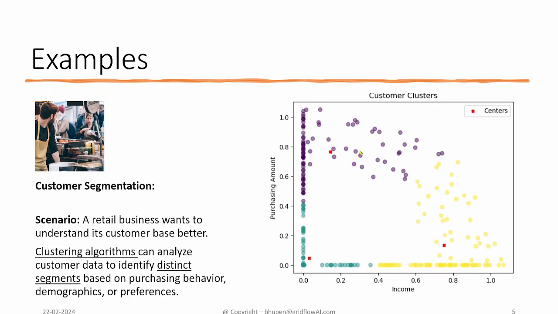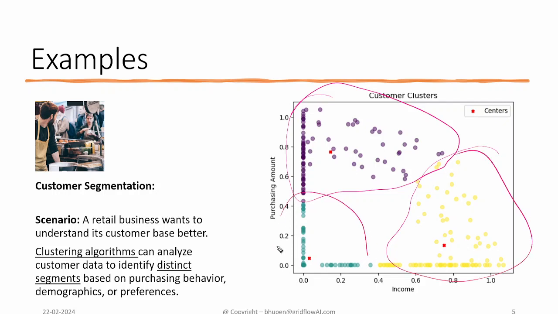Let's say these points are your customers, and this is one customer segment, this would be another customer segment, and this is another customer segment. The red dot here means a typical customer in terms of purchasing amount and income.